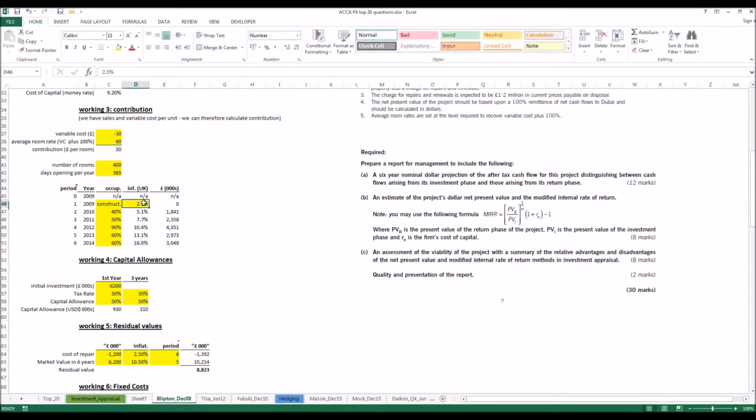I mean, we could have kept that as 2.5% for all the periods, but then I would have had to do the carried forward columns, where this would have had to be multiplied by 2.5% and the new occupancy rate. Because the occupancy rate changes, it's best to just start with a fixed base, where I get 30 times 400 times 365, and then inflate it using compounding.